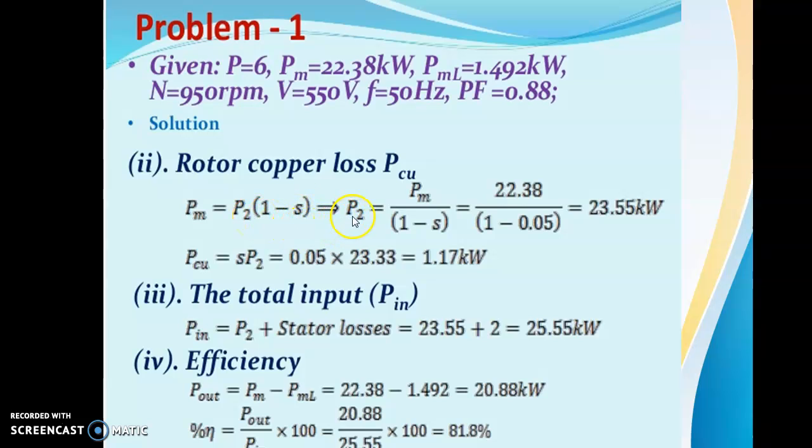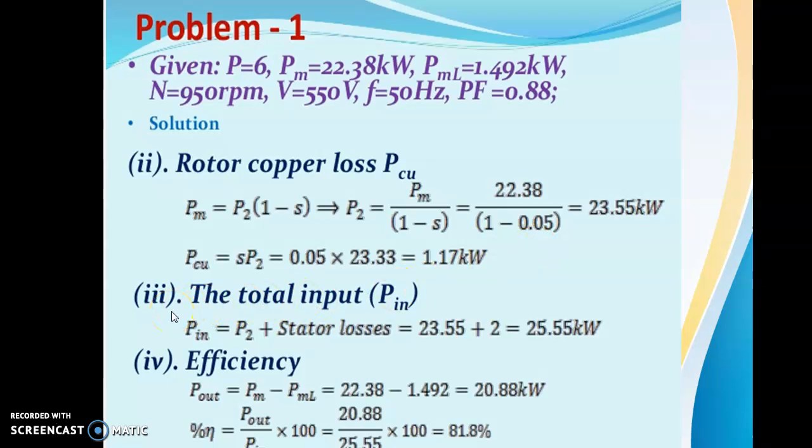By simplifying this equation, we can derive the formula for P2, that is PM divided by 1 minus S. So we put the PM value here, and take 1 minus slip, where slip is 0.05. By solving this fraction, we will get P2 as 23.55 kilowatt. Now, rotor copper loss will be S into P2, slip into P2. That will come like 1.17 kilowatt.